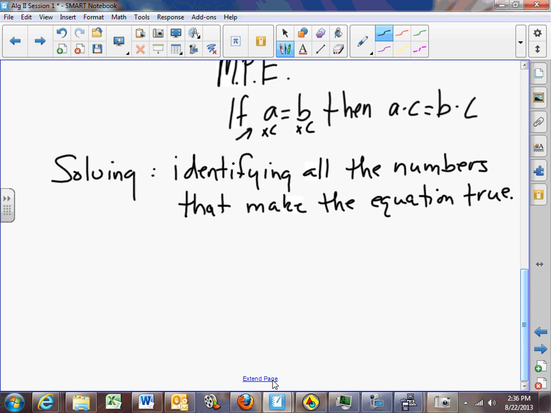If we go back to 3x plus 2 is equal to 20 as our equation, we would want to be able to identify all the numbers for x that would make that equation true.